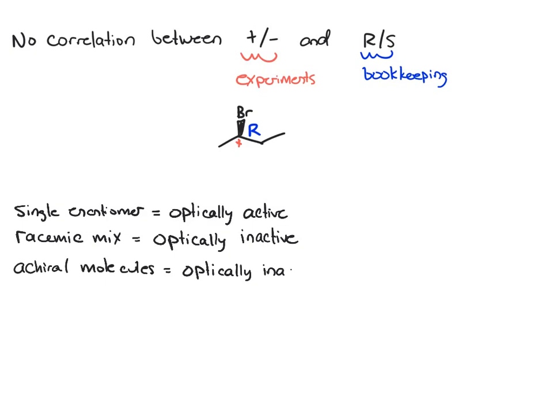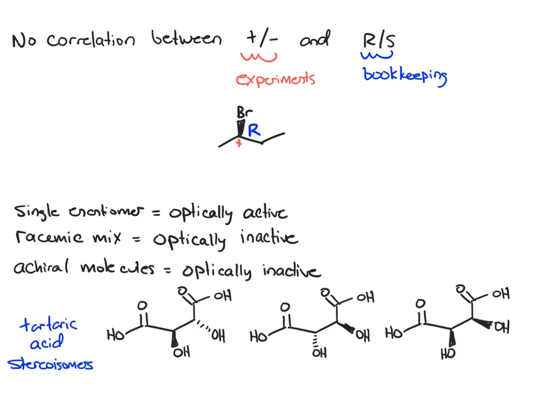Okay, now we spent most of this time talking about enantiomers. But it's also worth noting a little bit about the physical properties of diastereomers. Okay, here I have 3 stereoisomers of tartaric acid.